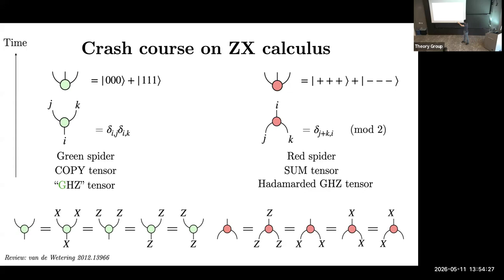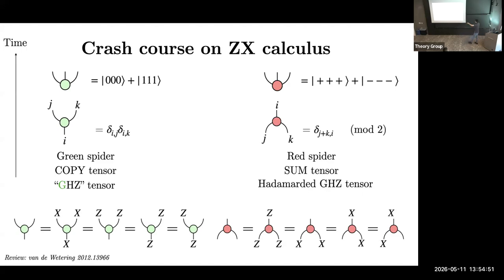If I have one input leg and two output legs, you can think of this as a copy tensor, because if I input 0, I'm going to get 0 and 0. And if I input 1, I'm going to get 1 and 1. So this tensor is just copying stuff for me. People call this a green spider. You can call it a copy tensor. You can think of it just as a GHZ. And the mnemonic I use is green is for GHZ.